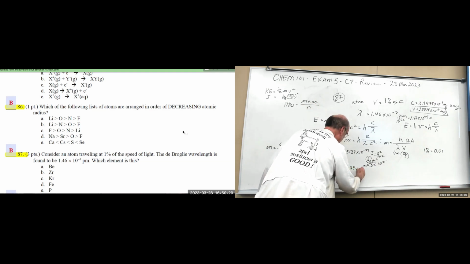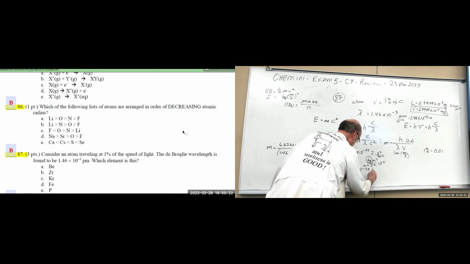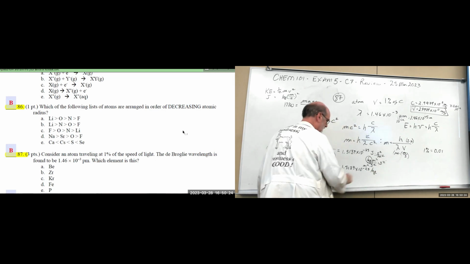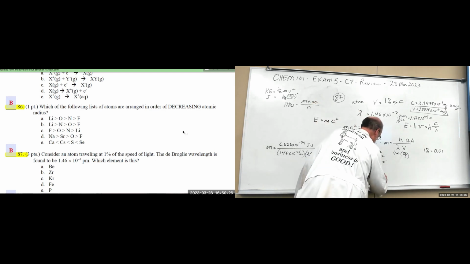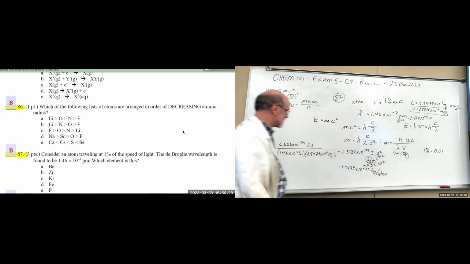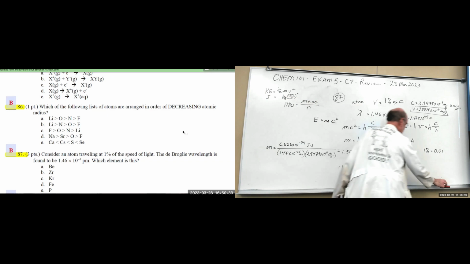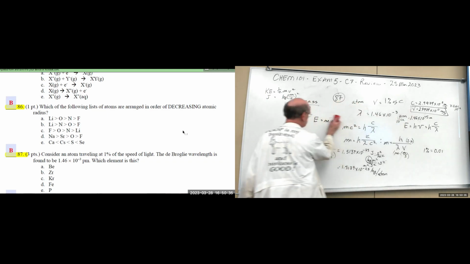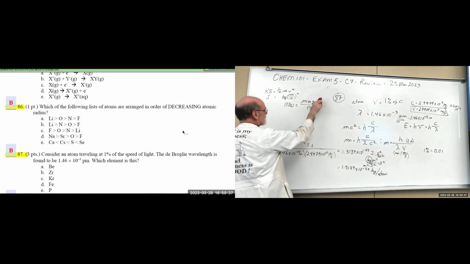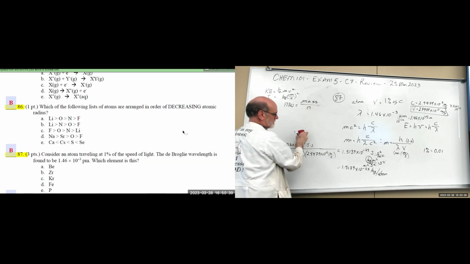1.5139 times 10 to the minus 25 kilograms. That's per atom. Okay? Now that we've got that, we want mass per mole.